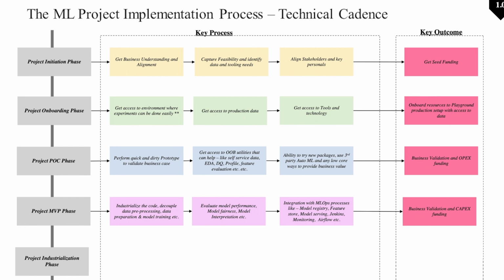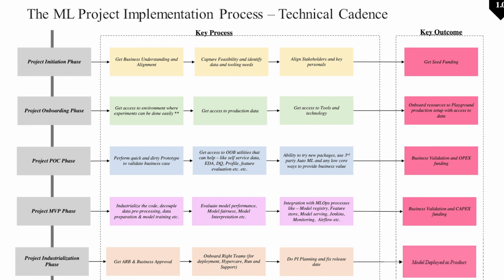Now I'm going to give a CapEx funding, and let's now deliver this solution that you have built into an operationalization stage. That's where you get the business approval, you get ARB approval, you onboard the right hypercare team and run and support team, you do the PI planning, you fix a release date, and then you deploy the model as a product, right?